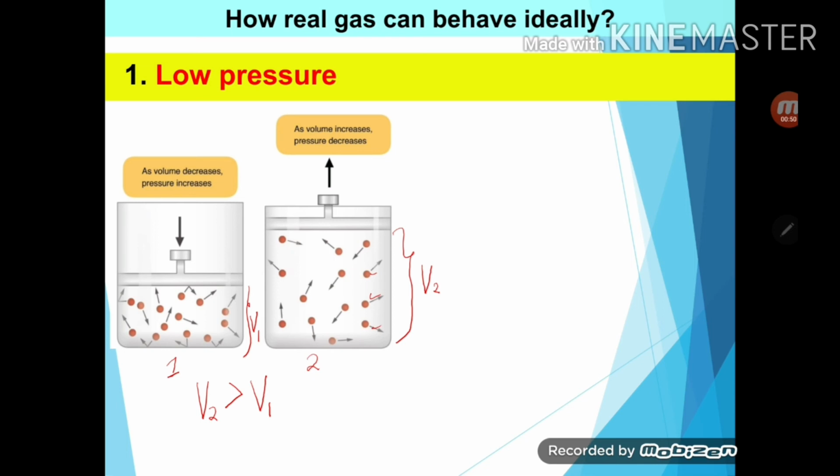To reduce the pressure of the system or pressure of the gas, the volume of the container must be increased. Based on Boyle's law, pressure of gas is inversely proportional to its volume. To reduce the pressure of the gas is by increasing the volume of the container. So, the piston must be pulled upward.